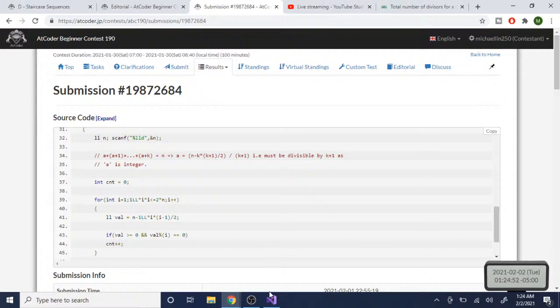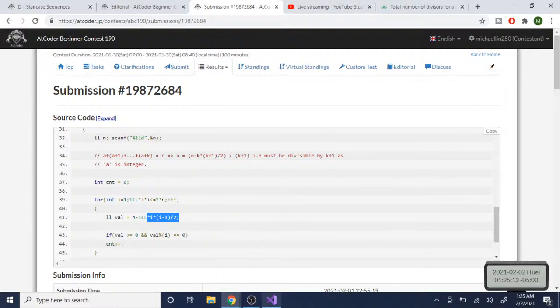K minus 1. Oh wait, summation of 1 to k minus 1 of i minus 1. Oh, so this is summing up to i minus 1.